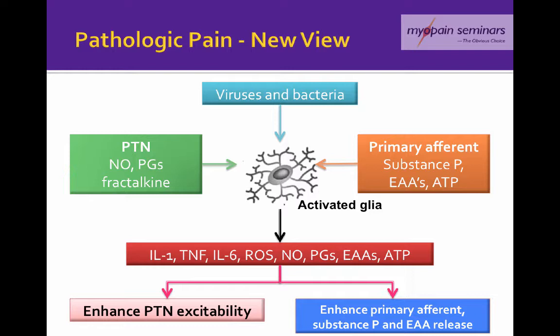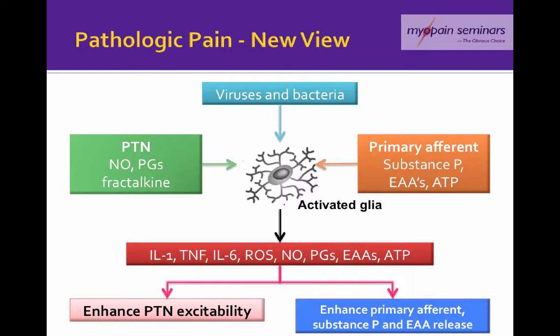Following activation, these microglia and astrocytes cause a hyperexcitability and an exaggerated release of substance P and excitatory amino acids from the presynaptic terminals.